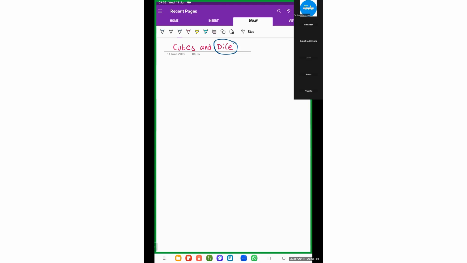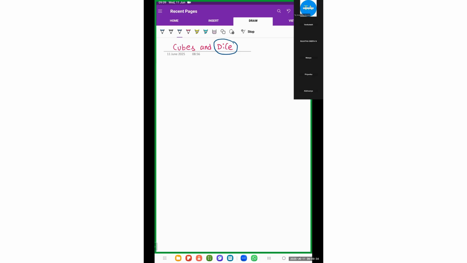Now coming to the dice. This is a three-dimensional figure. We don't want any faces, sides and edges. This is the top, this is the bottom, and these two are opposite.